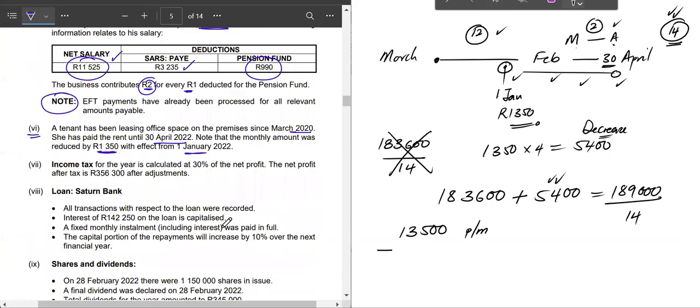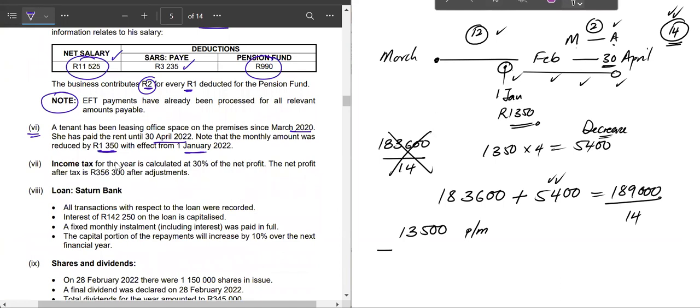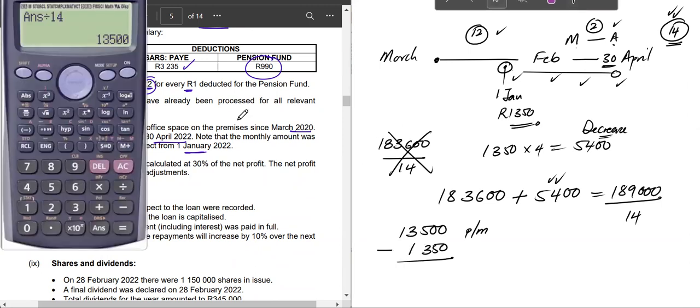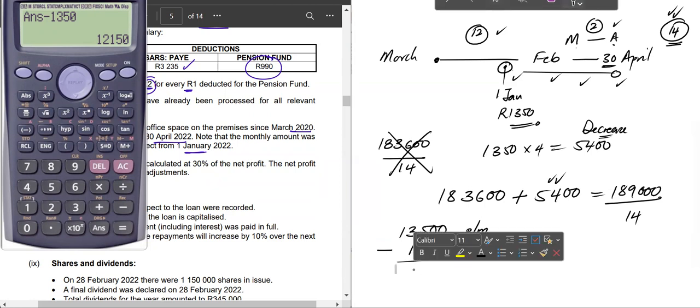So it simply means if I want to know the income that I've received in advance, I have to subtract the 1,350 for me to get the rent per month after decrease. Therefore, I will get 12,150.